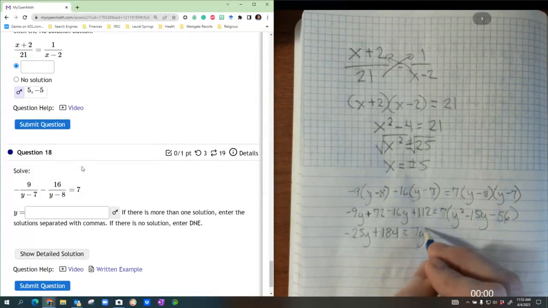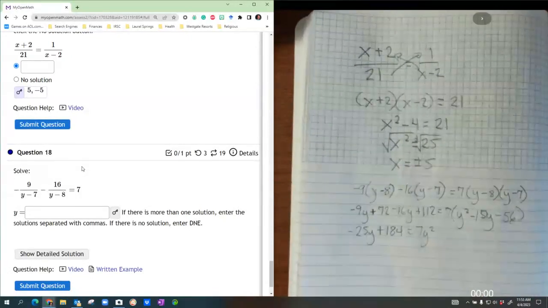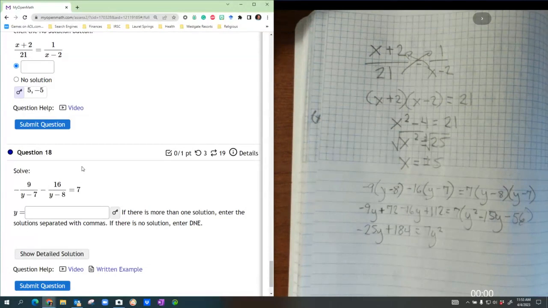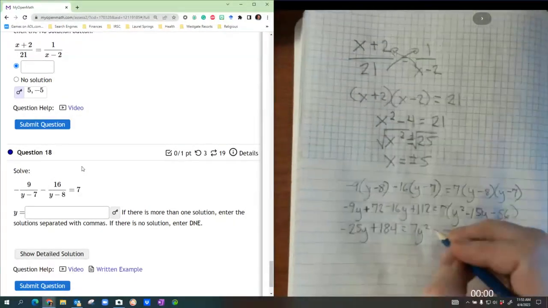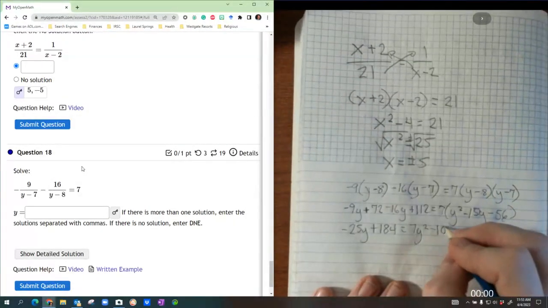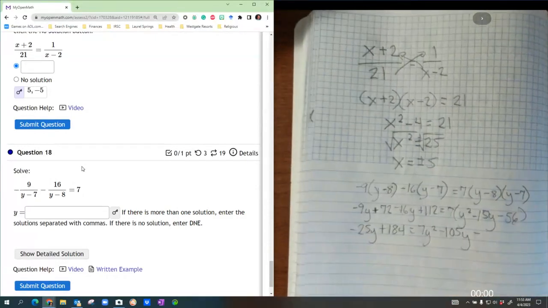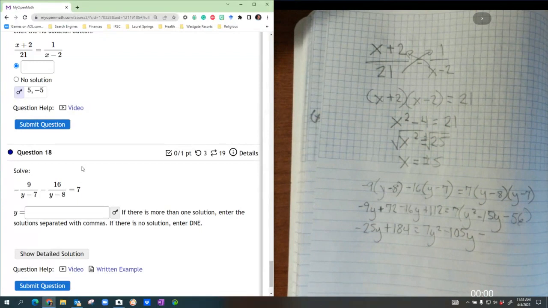So 7y squared, and then I could multiply 7 times 15, and then 56 times 7.